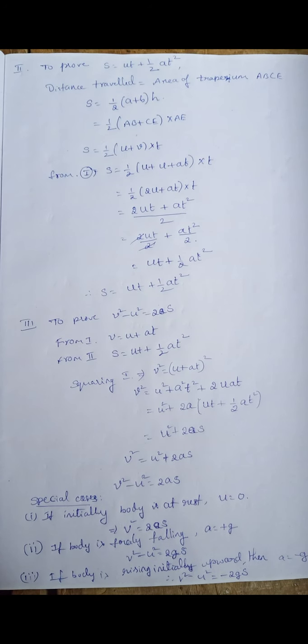Now we are going to prove the second equation, s is equal to ut plus half at square. Distance travelled is equal to the area of trapezium ABCE. Then s is equal to the area of trapezium, formula half of a plus b into h, where a and b are two parallel sides and h is the perpendicular distance between them.